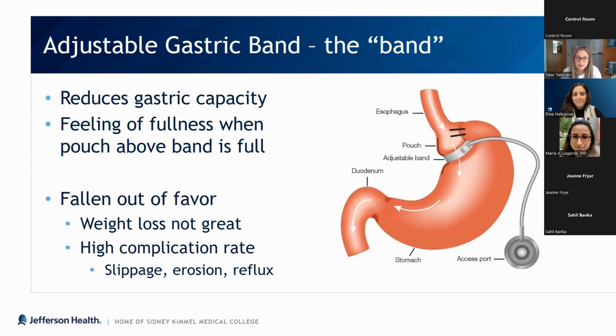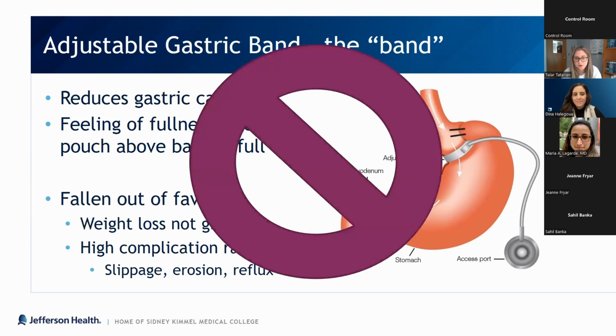But really this has fallen out of favor because the weight loss that we were seeing historically with this was not great. There was also a very, very high complication rate when it comes to the band slipping, eroding, or causing holes in the stomach, causing really bad heartburn and reflux. So this is not something that's performed in most practices nowadays.